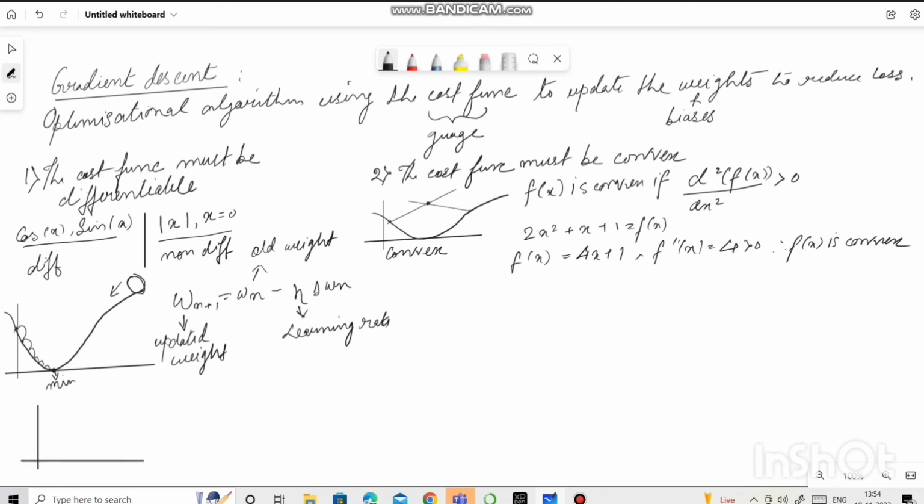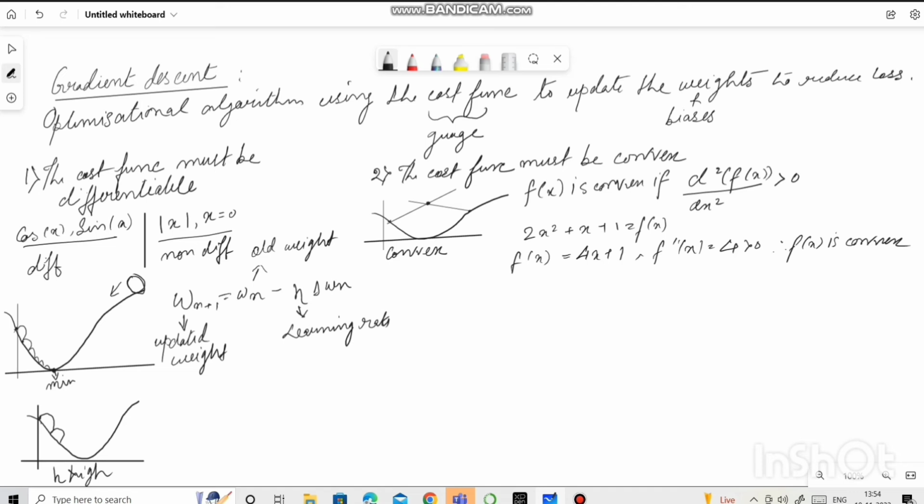So what does learning rate do? Now again we have a similar convex function. Now say we have a high learning rate. What learning rate does is the updates or the jumps that we have, the rate of jump is determined by the learning rate.